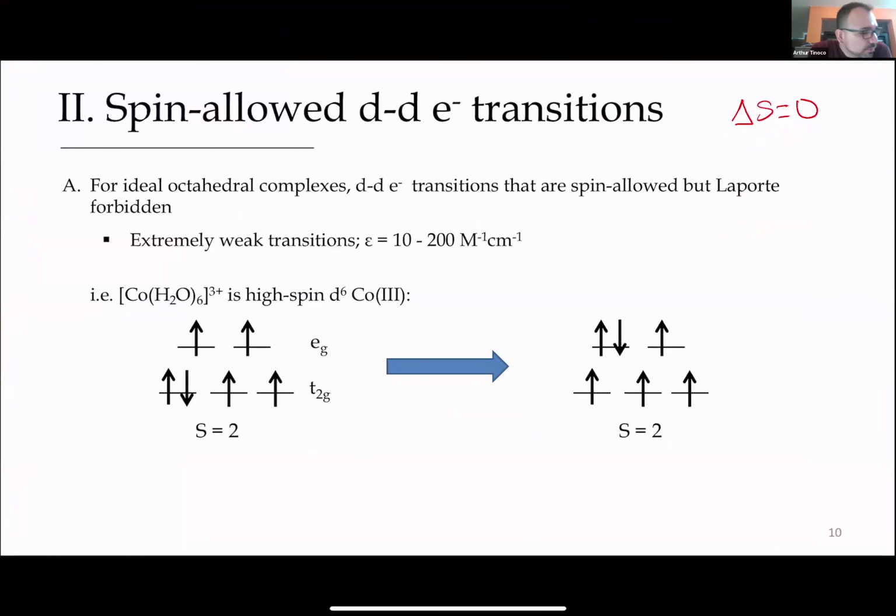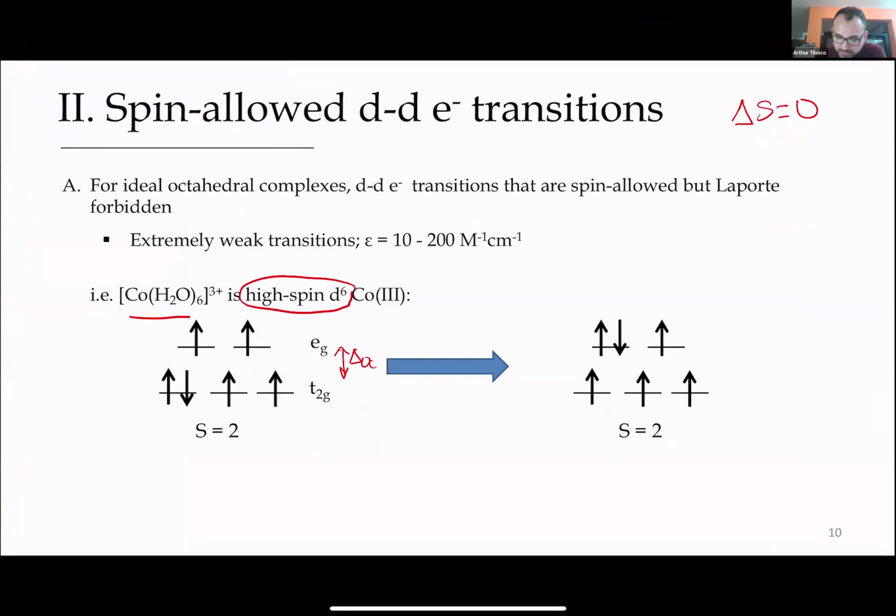All right, so here we have an example of a compound where you have cobalt, and it's cobalt 3 plus, coordinated by 6 aqua ligands. So that's cobalt 3 plus, which is high spin d6. All right, so high spin d6, what we're going to have then is a low delta.